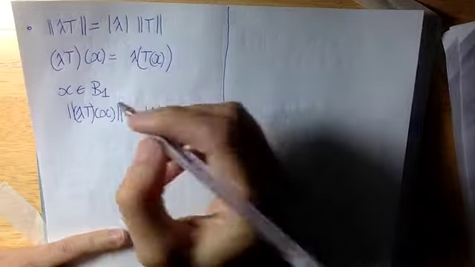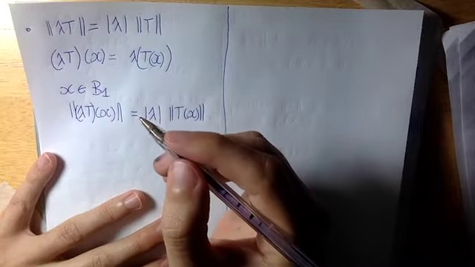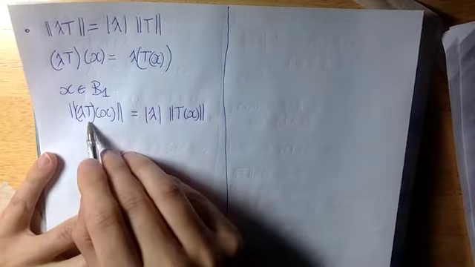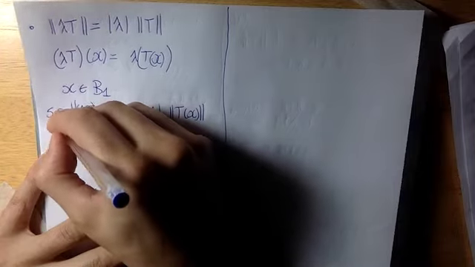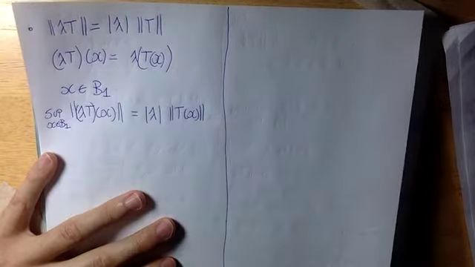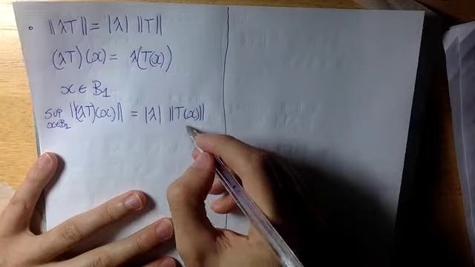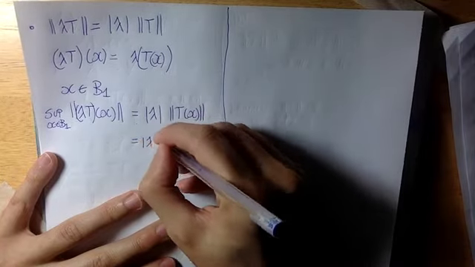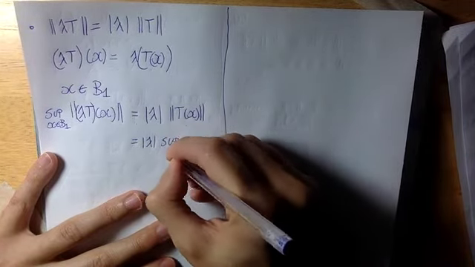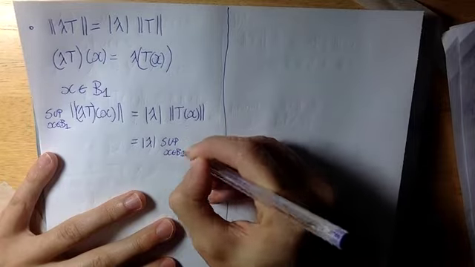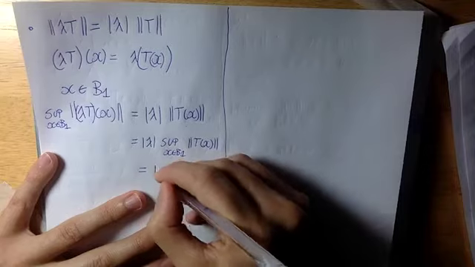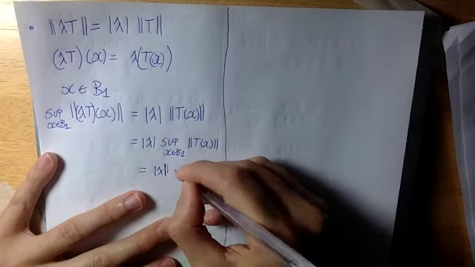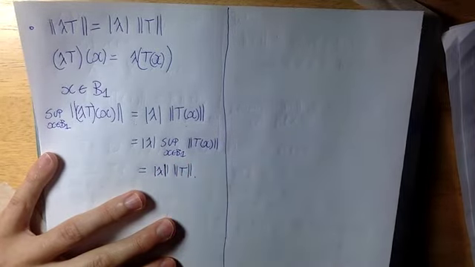So then, if we take the supremum over x in B1, this is going to be equal to lambda times the supremum over x in B1 of the norm of T x, which is just the modulus of lambda times the norm of T.